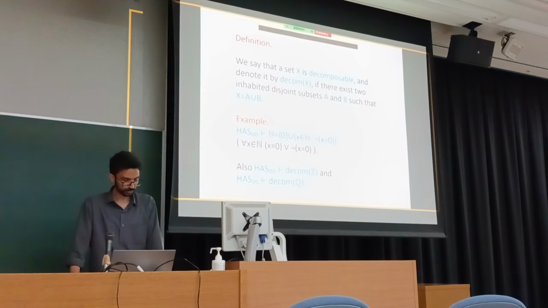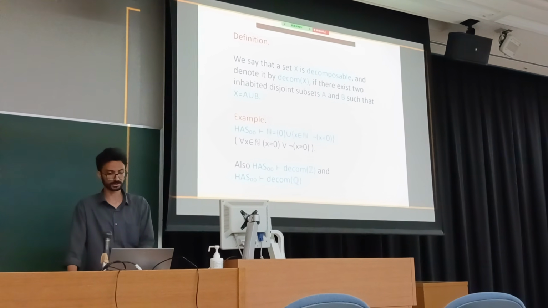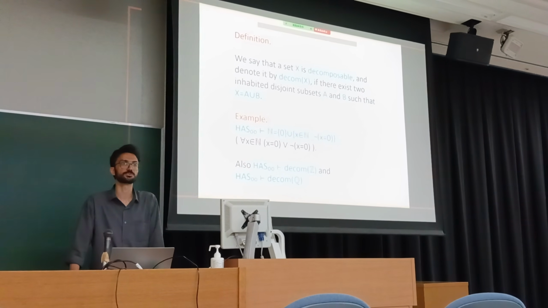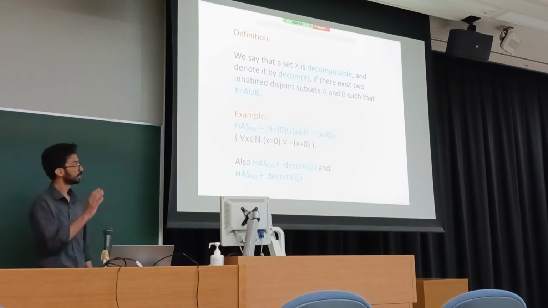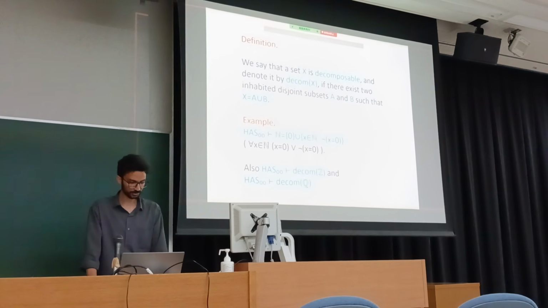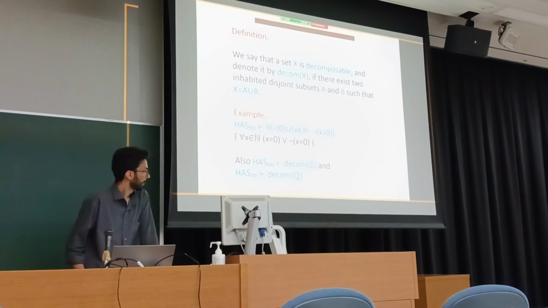And we could also show that HAS00 proves the decomposability of the set Z, the set of integers, and the decomposability of Q, the set of rational numbers. But a natural question that arises is, what about the decomposability of R?